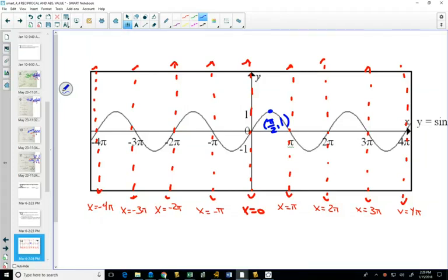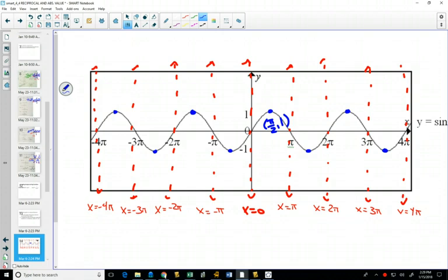Can you see that all of these points where y is 1 are going to stay the same? And what about the minimum points? All of these points where y is -1, when you do the reciprocal, you're going to get 1 over -1. Those points are going to stay the same.